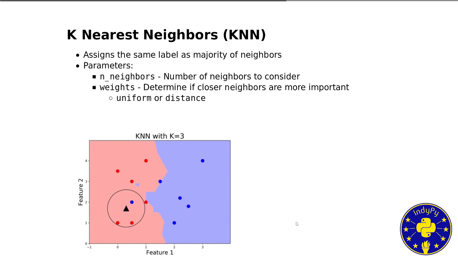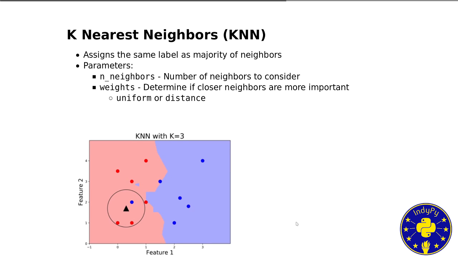Here we're using k equals 3 with two classes. There are these red circles and these blue circles, and we want to know what's up with this triangle. If we say 3 neighbors, this circle has 3 neighbors in it. 2 are red, 1 is blue, so we're going to call that triangle red. If the number of neighbors were 1, we'd only look at the one closest neighbor and we'd call it blue.